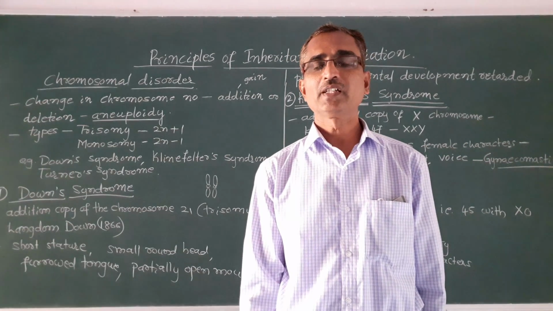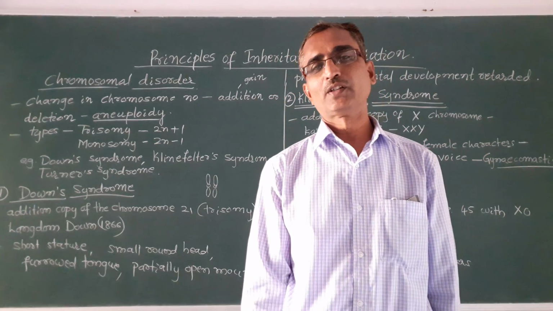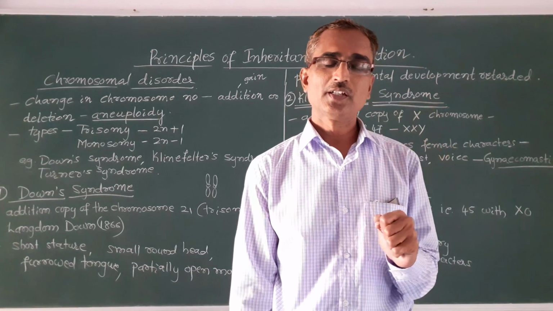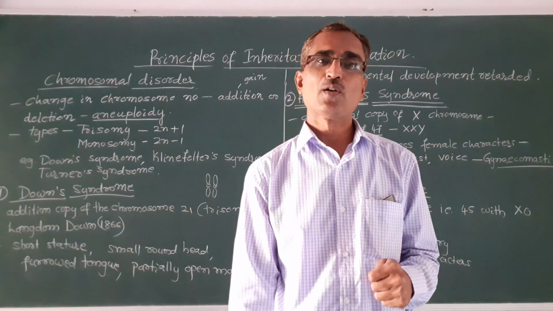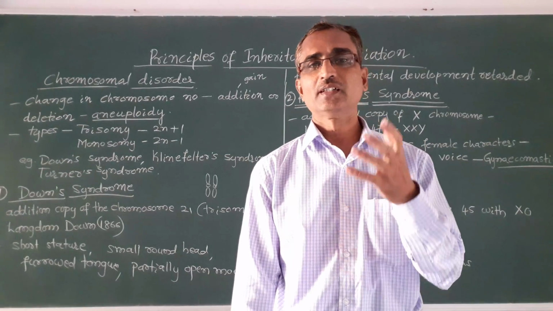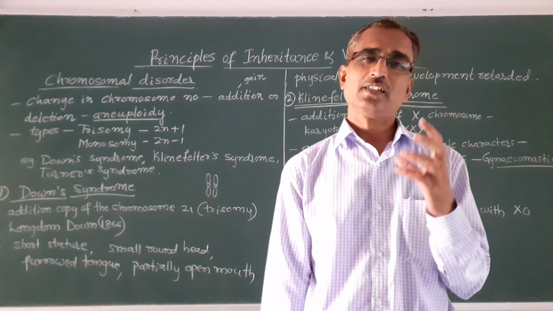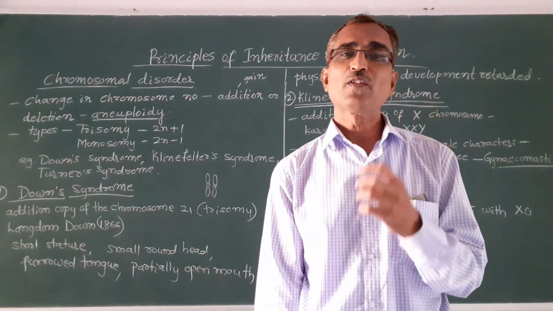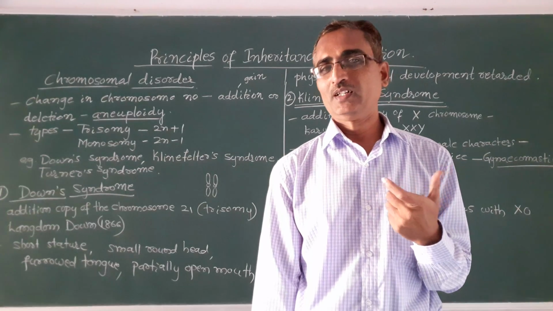In the previous class, we were discussing genetic disorders, which are broadly classified into Mendelian disorders and chromosomal disorders. Mendelian disorders are caused due to a change or mutation in a single gene, whereas chromosomal disorders are caused due to a change in the number of chromosomes or a change in the structure of chromosomes.